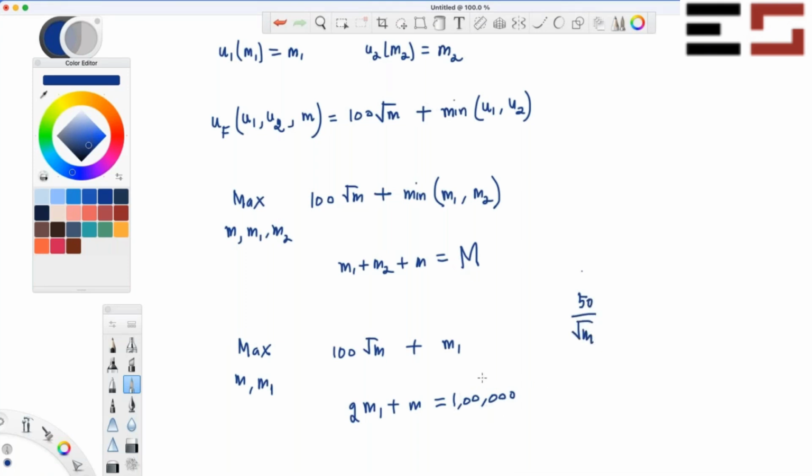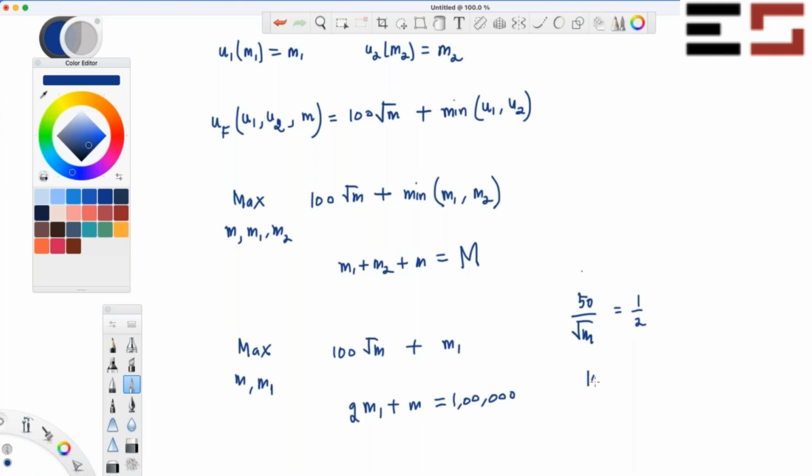It turns out that 1 lakh is a sufficiently large income. So if you just equate the slopes, you're going to get 50 by root m is equal to half, because the price of m is 1 and the price of m1 is 2. Then you just have to solve the standard thing.